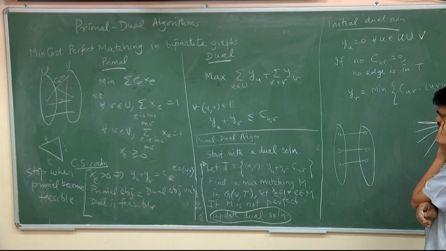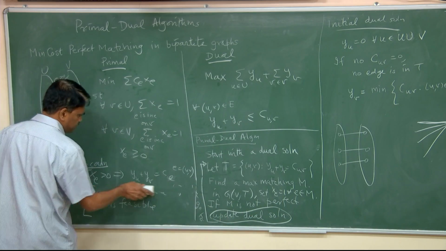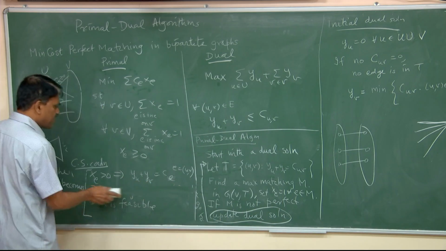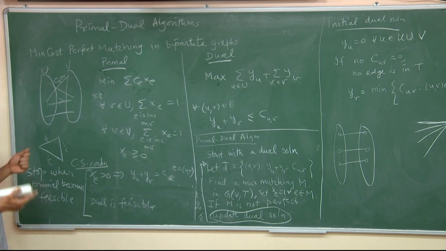Or maybe I don't even worry about the second constraint. Yeah, I don't worry about it. So I'm not sure I will be able to maintain this. I've argued that when the primal becomes feasible, the objective values are the same and I've got my optimum.